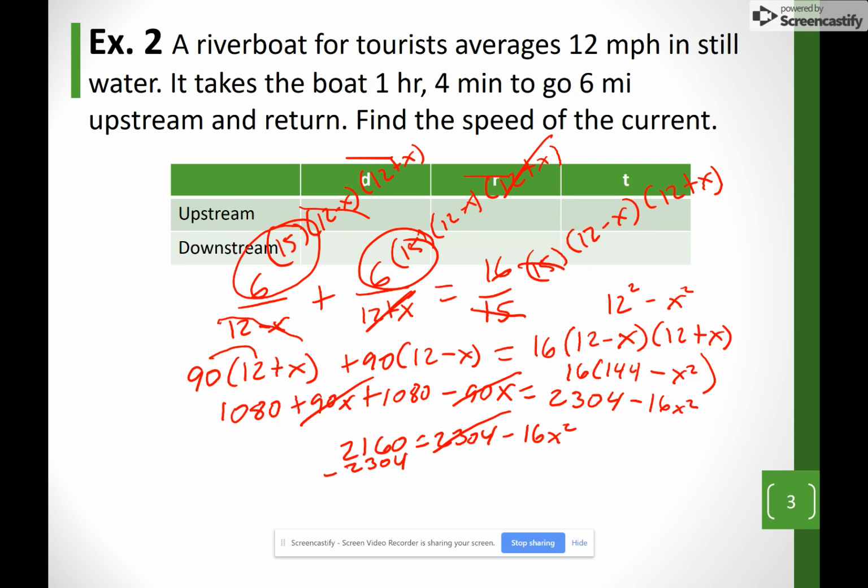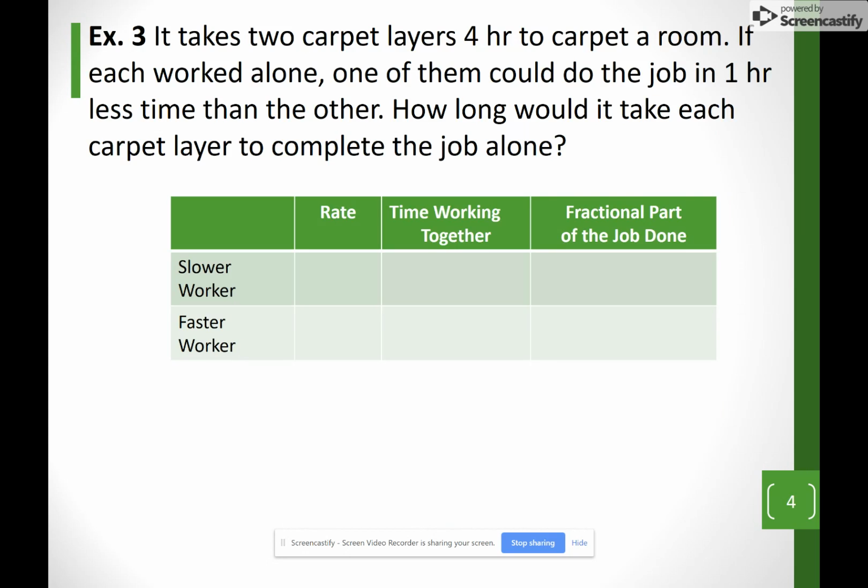That gives me a negative 144 is equal to a negative 16x squared. Let me divide both sides by negative 16. I'm going to get 9 is equal to x squared. Cool. X squared equals 9. If I do the square root on each side, I end up getting that x is equal to 3 and x equals negative 3.